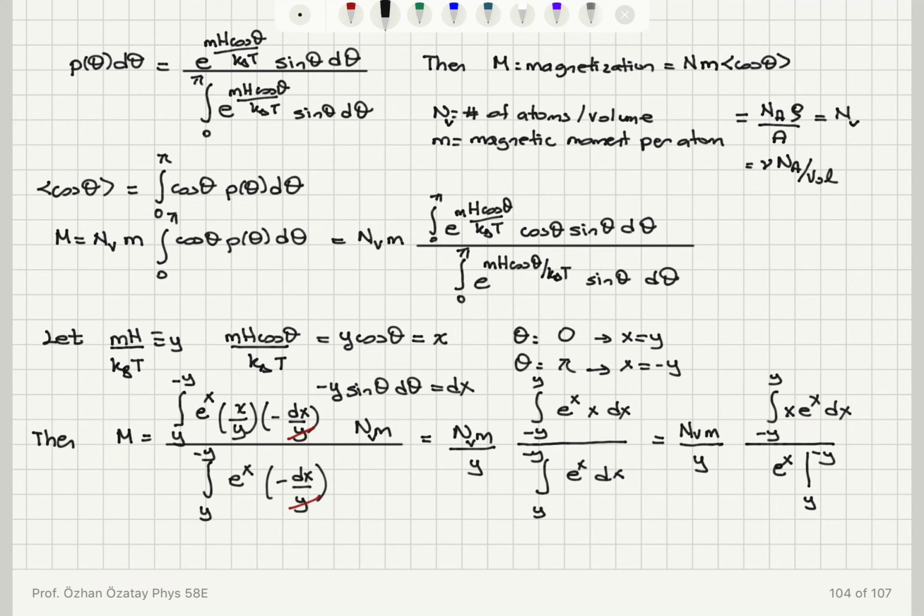So to perform the integral on top, I have to do integration by parts. So I'm going to call dv e to the x dx, so that v is e to the x and u is x, du is dx.